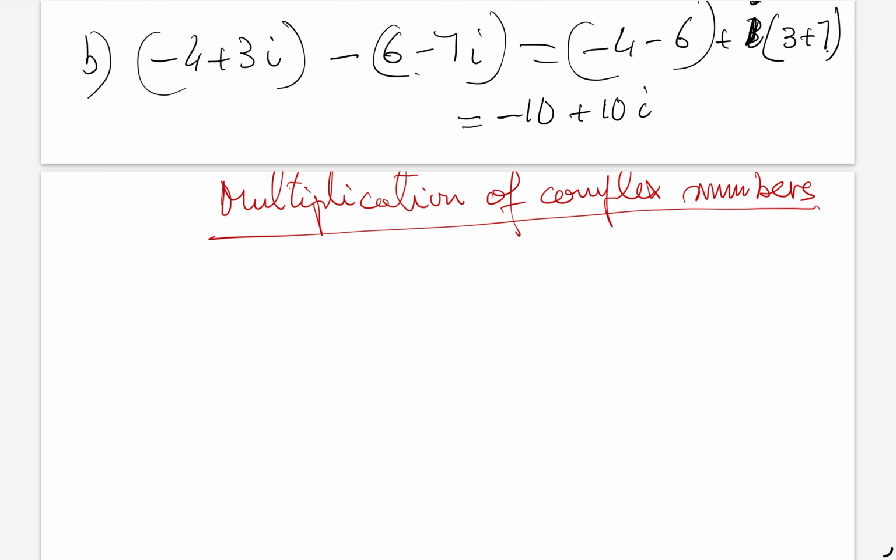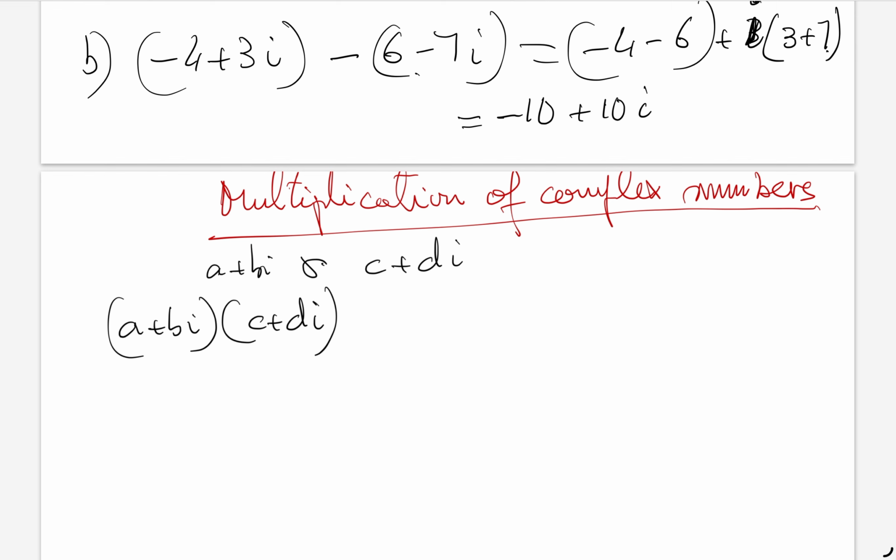So if you have to multiply complex numbers, let's do the same thing. You have a plus bi, and you have c plus di. So a plus bi, parentheses, times c plus di. Okay.